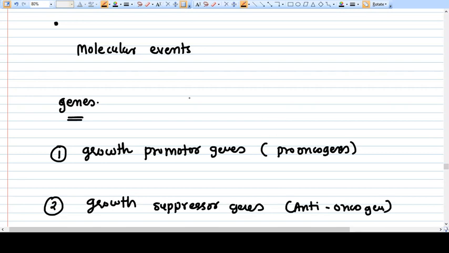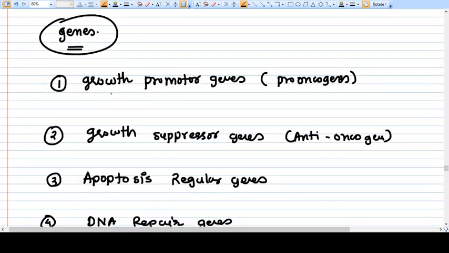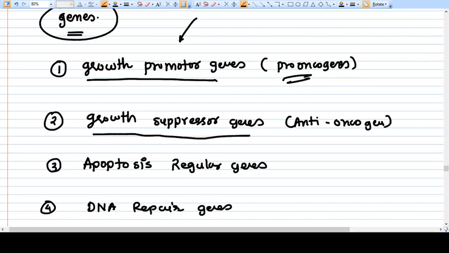Now let's go with some causing factors, like genes. There are specifically 4 types of genes. First, growth promoter genes, which we also call proto-oncogenes. These growth promoter genes get activated and promote the growth of the tumor. Growth suppressor genes are called anti-oncogenes.